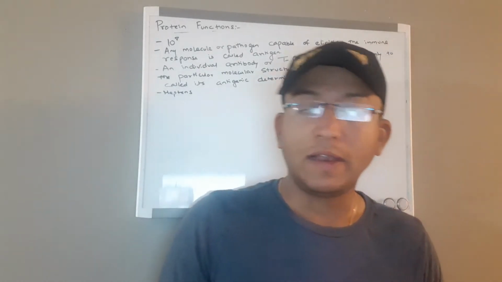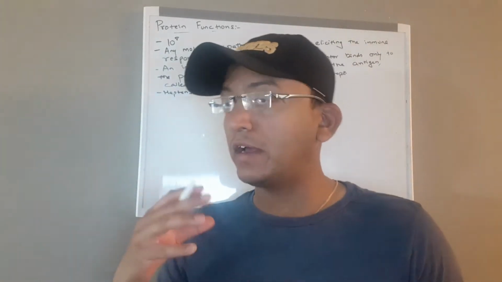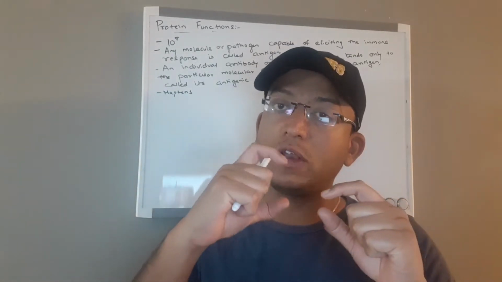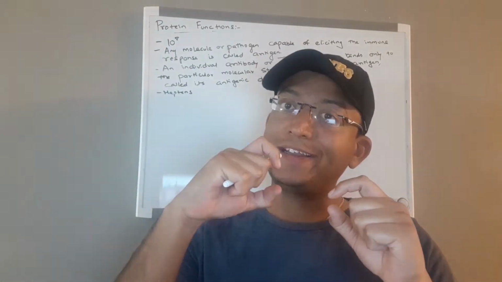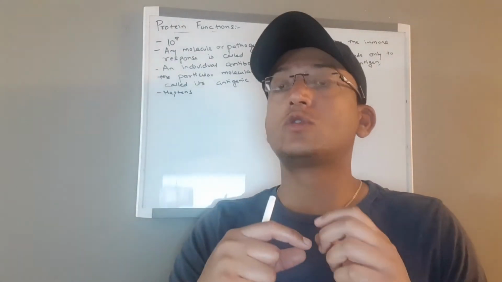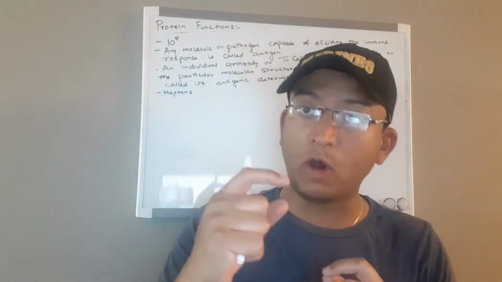First, how the antibody is produced: the small molecule is linked to a larger protein. When it is linked to the larger protein, this will elicit an immune response, which will produce an antibody, right?